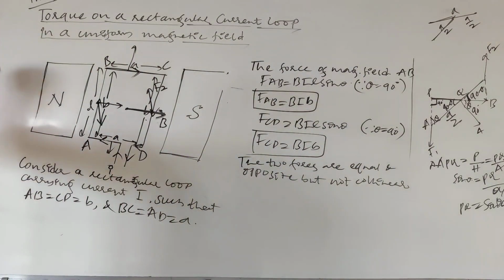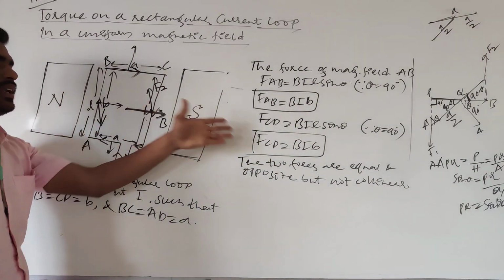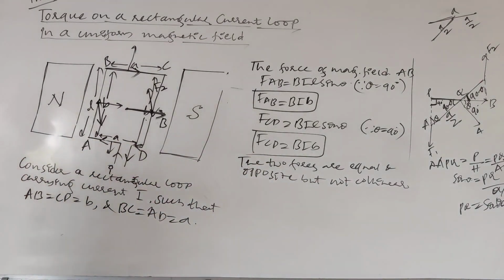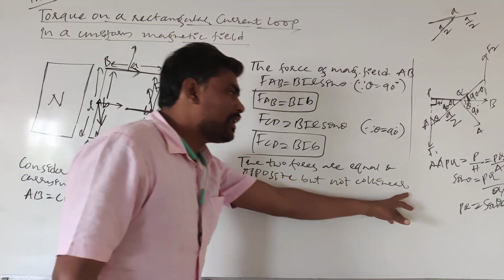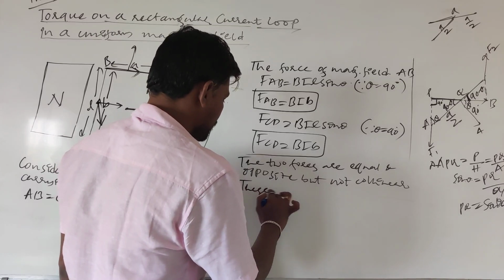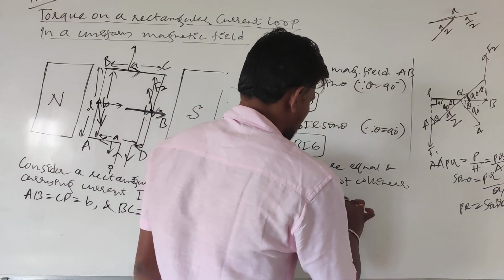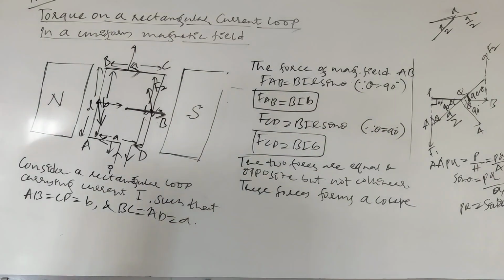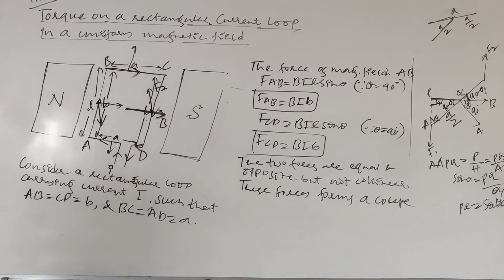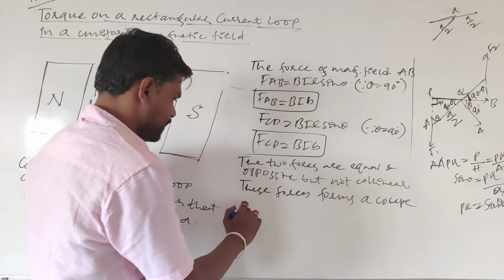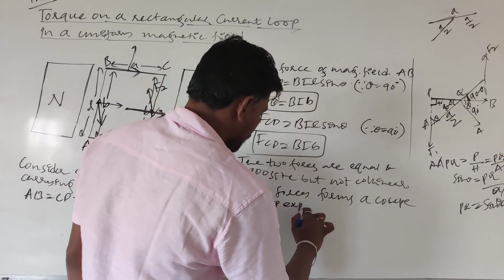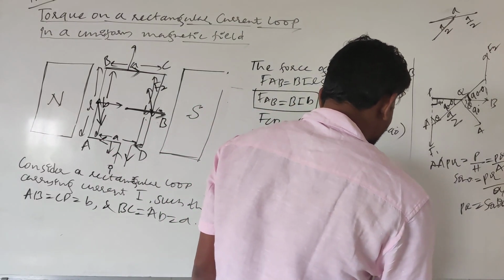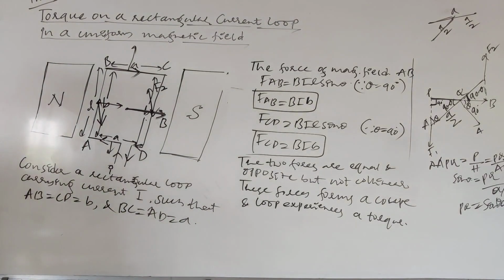So these forces form a couple, and the loop experiences torque.